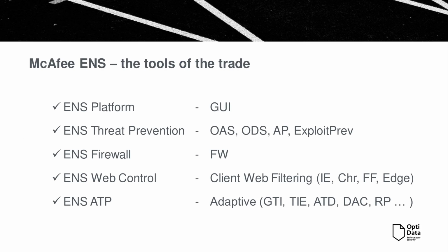Let's talk about endpoint security. Maybe you know, maybe not, but endpoint security is a modular system. Opposite to VSE, or Virus Scan Enterprise, endpoint security is like an AR-15 rifle.